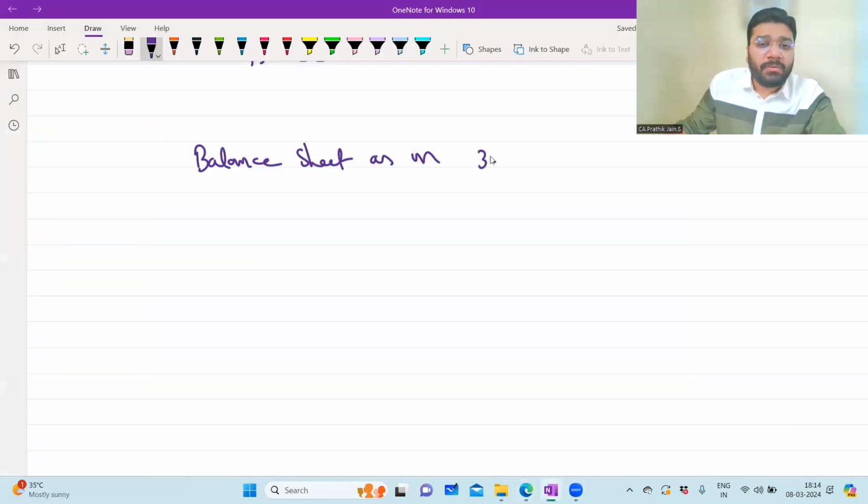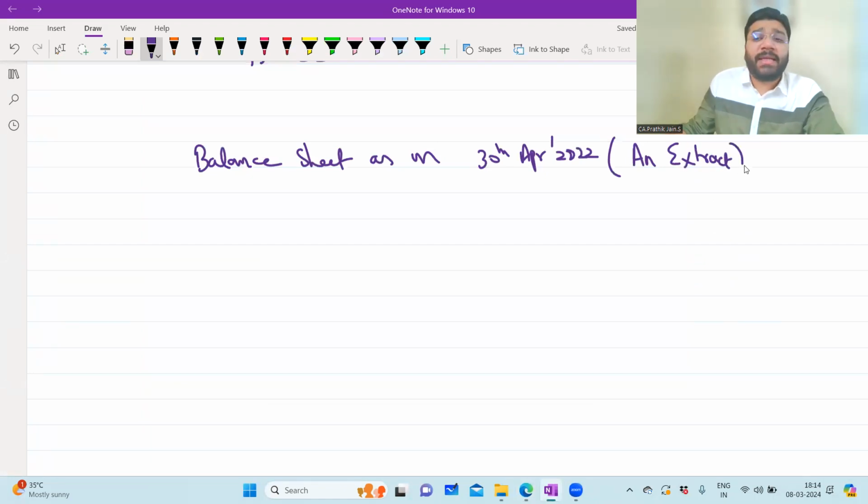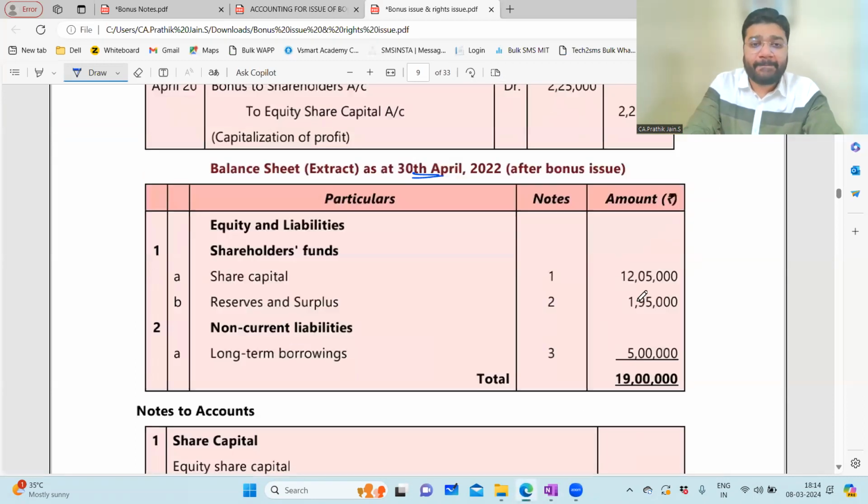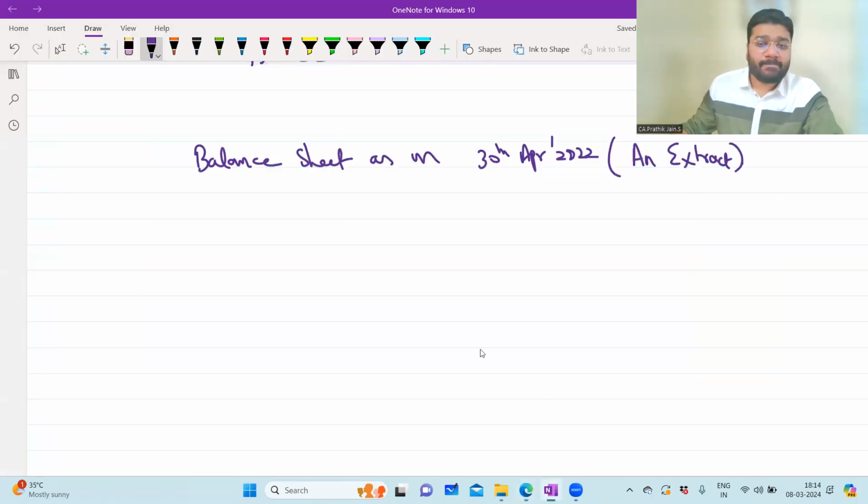As on 30th April 2022. In brackets, do not forget to write extract, because this is not a full balance sheet. It's an extract. Particulars, note number, amount in rupees.